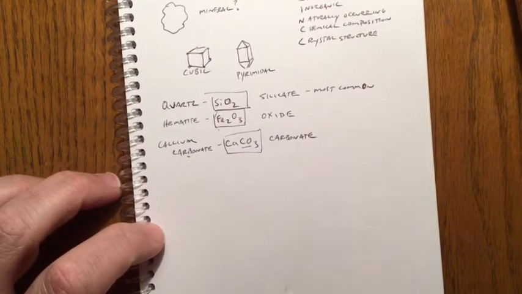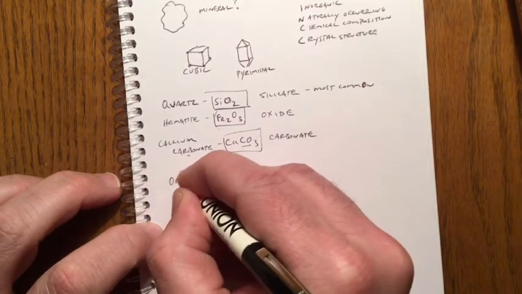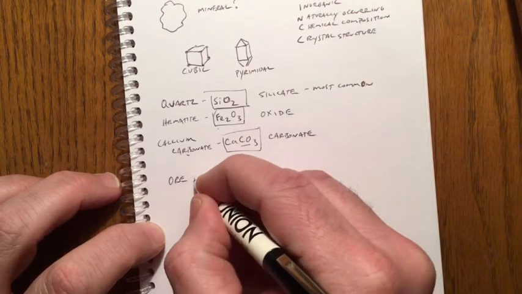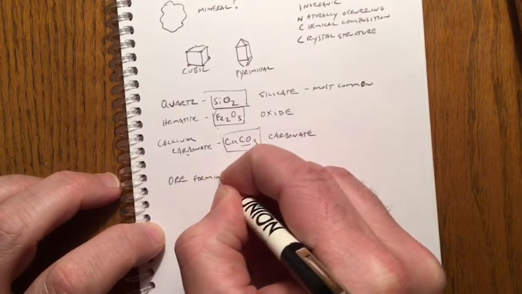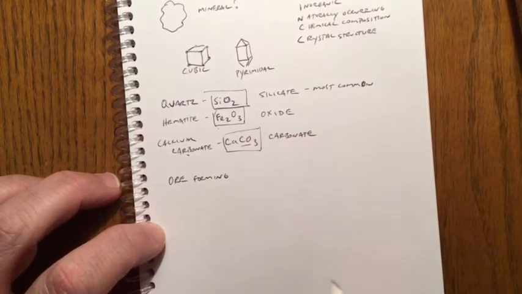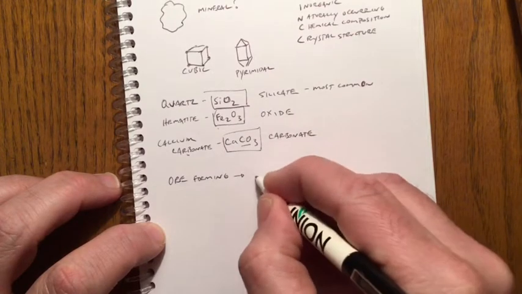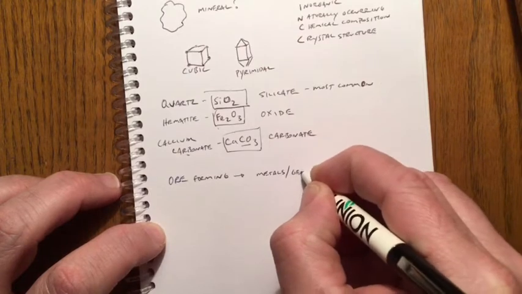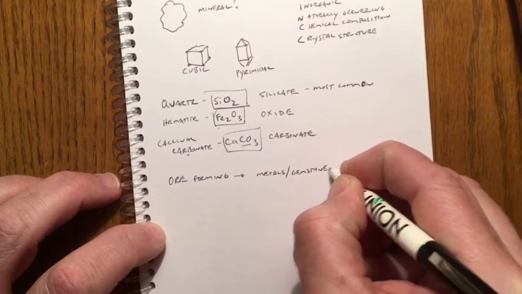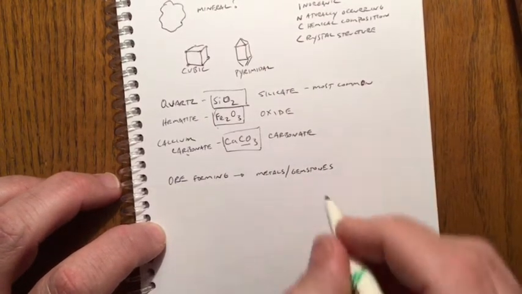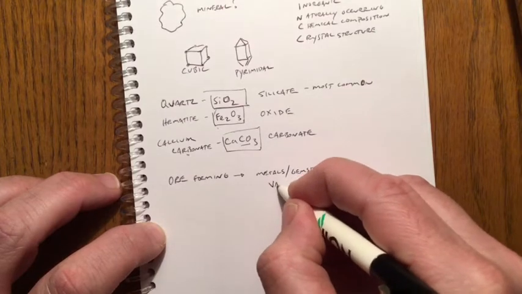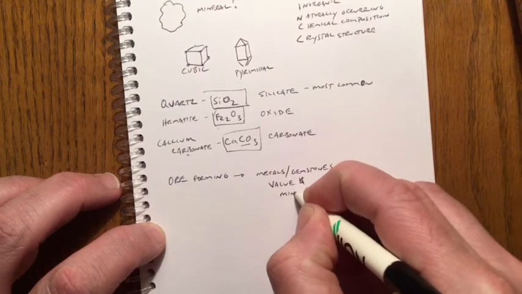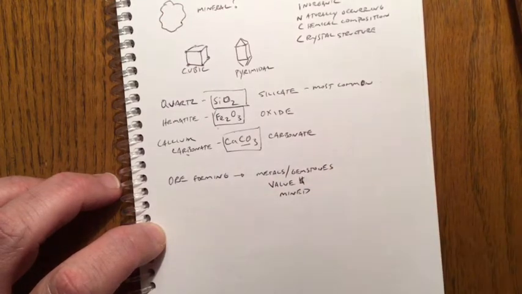When you're looking for minerals in Earth's crust, sometimes you find ores. Ores are certain minerals, ore-forming minerals. For these, we're talking about metals or gemstones, something that has value, like a monetary value, and it's usually something that can be and is mined.